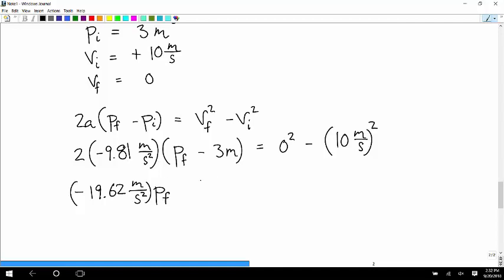And then we have two negatives, so that's going to be positive 19.62 meters per second squared times 3 meters is 58.86. Can someone multiply that out? 2 times 9.81 times 3. Yes! And the units are meters squared per second squared.